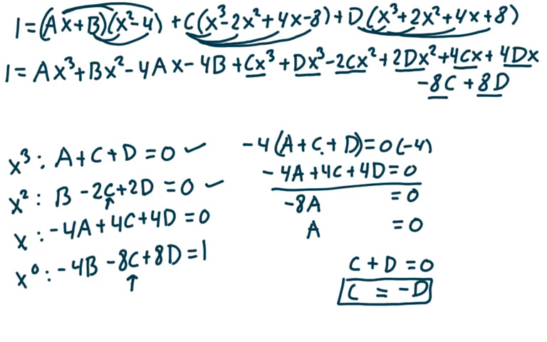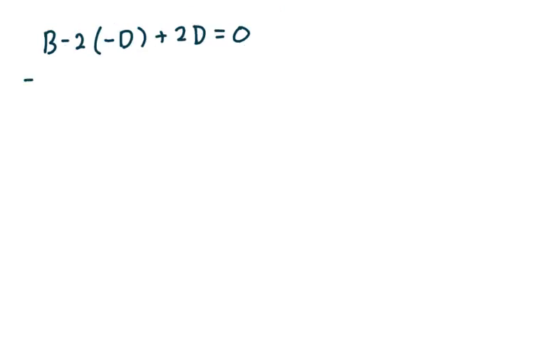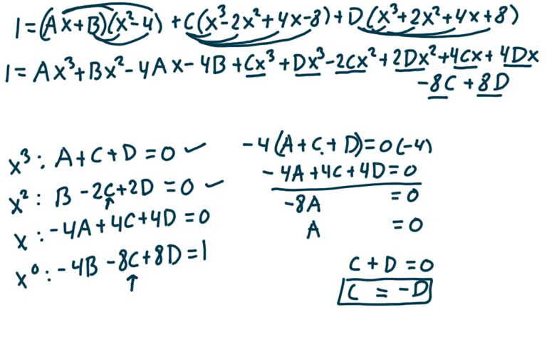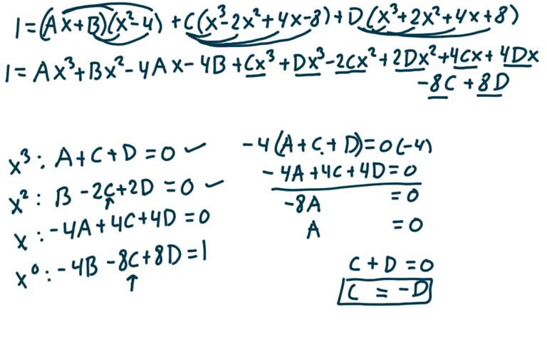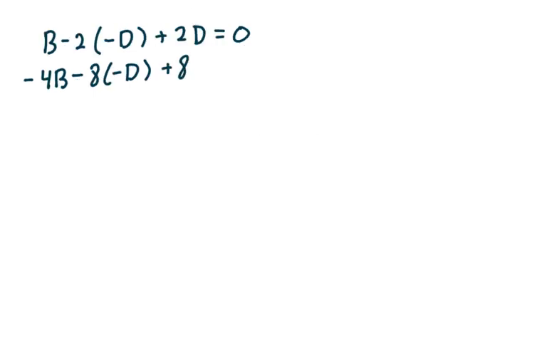That's the first one. And then negative 4b minus 8 times negative d plus 8d equals 1.